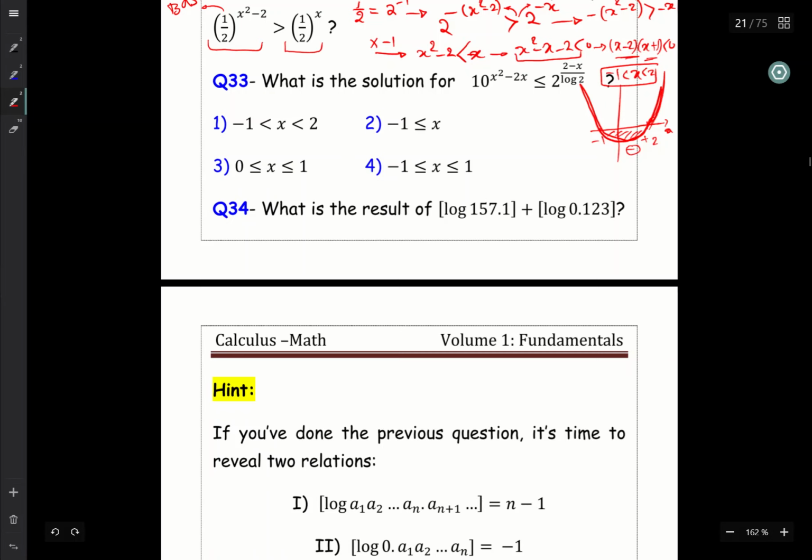Question 33. What is the solution for 10 to the (x squared minus 2x) less than or equal to 2 raised to some weird power, (2 minus x) over log 2, okay? This is interesting, and the reason is that the bases are different.